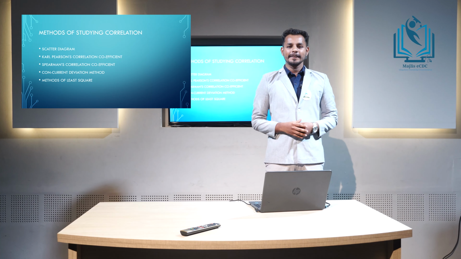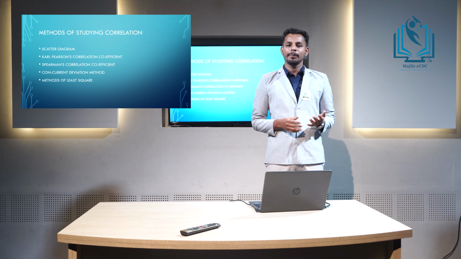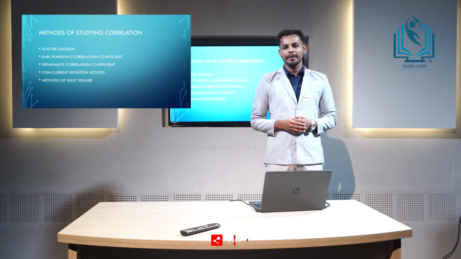Our next topic is the methods used for identifying correlation. There are various methods: the scatter diagram method, Karl Pearson correlation coefficient method, Spearman rank correlation method, concurrent deviation method, and the method of least squares.